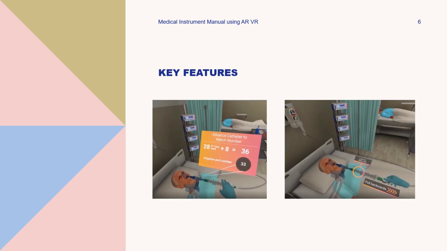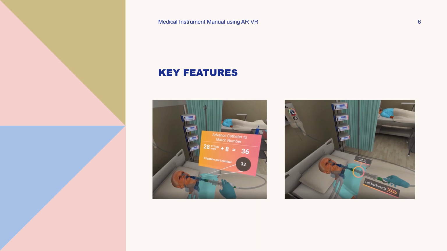So the key features of this particular manual which we are going to design are that it will display the key aspects of any product on the screen, on the layout.